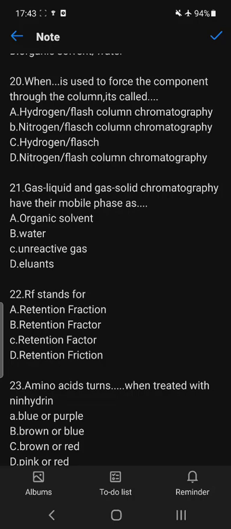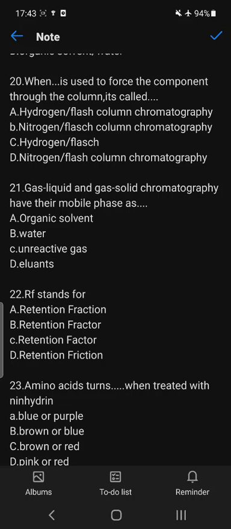Okay, B. When nitrogen is used to force the components through the column, it is called flash column chromatography. That is option B.